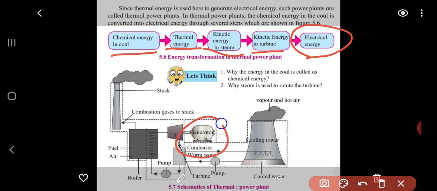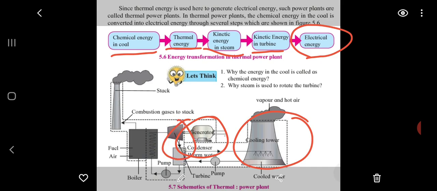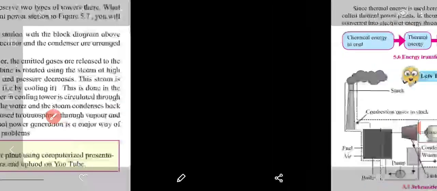There is a generator over here, and then you can see this cooling tower, where the water is cooled continuously, and the steam rotates the turbine. Here is the turbine connected to the pump, and this is how the electricity is generated.